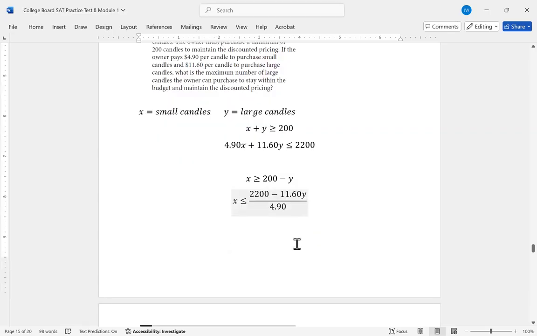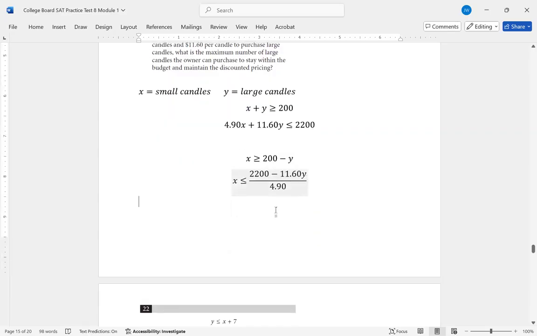Now we can put these together into one bigger inequality by saying X needs to be bigger than or equal to 200 minus Y, but it also has to be less than or equal to this fraction of 2200 minus 11.60Y divided by 4.90. Well, if 200 minus Y is less than or equal to X, and X is less than or equal to this, then the left-hand side has to be less than or equal to the big right-hand side.